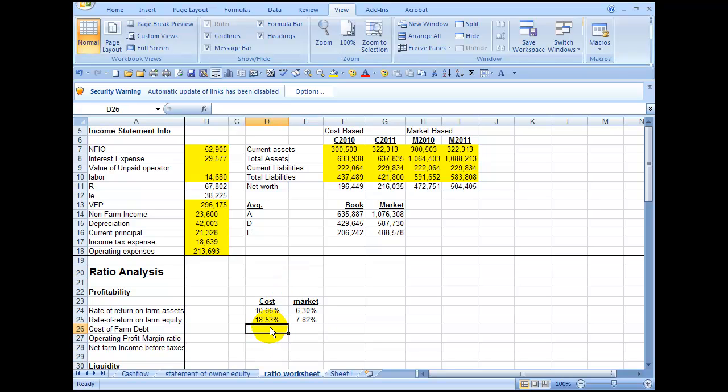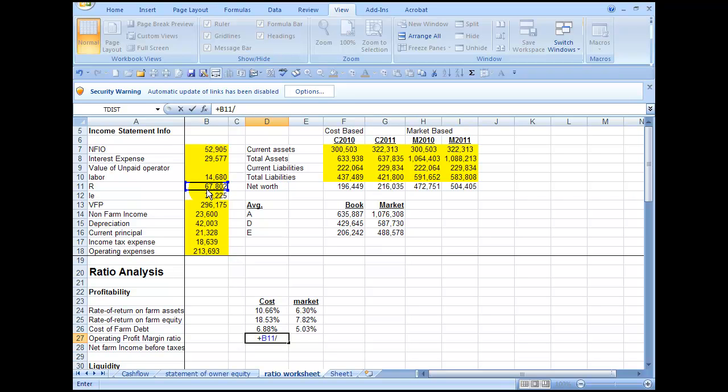Cost of farm debt is our interest expense divided by our average debt. And then we have operating profit margin ratio, which is simply the return on assets divided by our gross revenue.